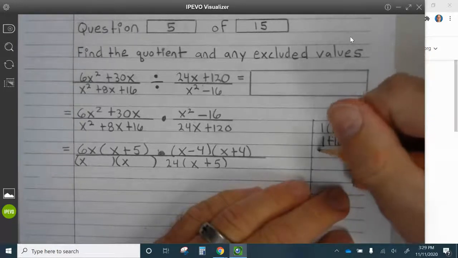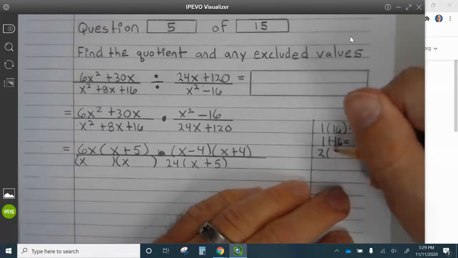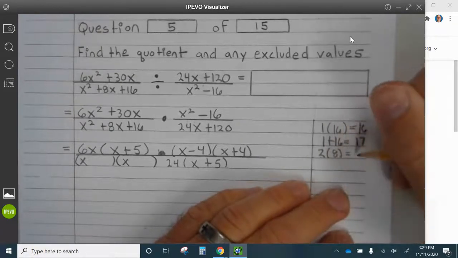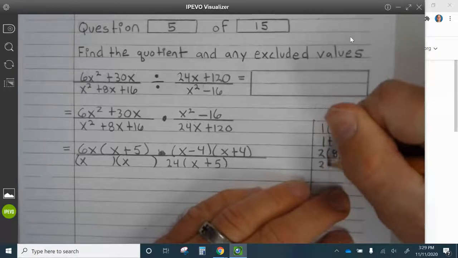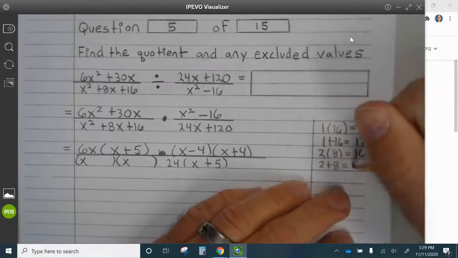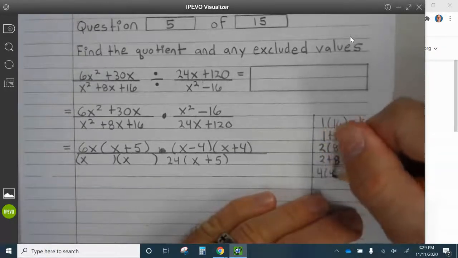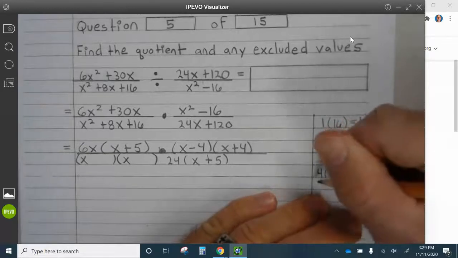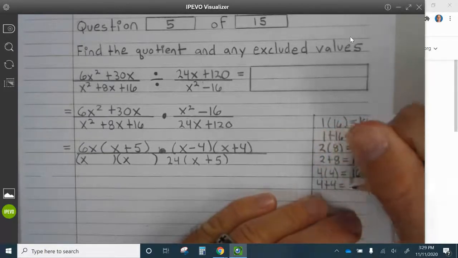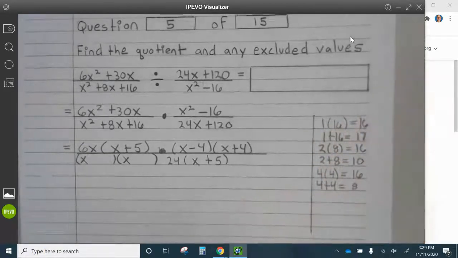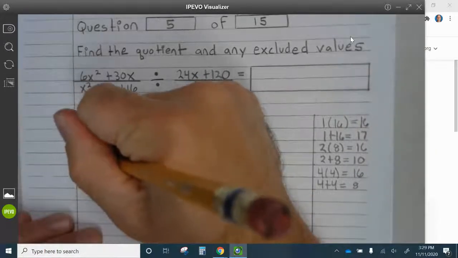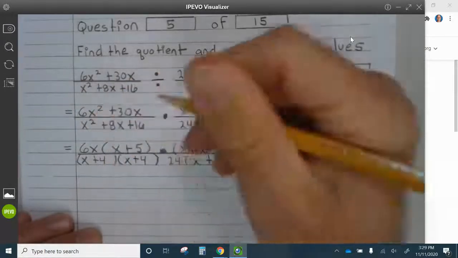Okay. 2 times 8 is 16. 2 plus 8 is 10. We're getting close to 8. So now, let's see, 3 doesn't work. 4 times 4 equals 16. 4 plus 4 equals 8. We have our 16 and 8. Our factors are x plus 4, x plus 4.